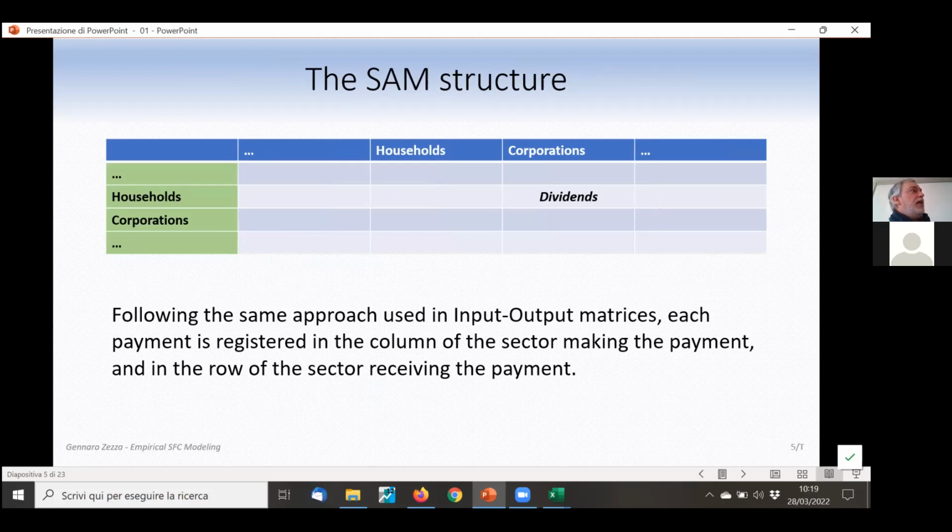This procedure takes the sum of the elements of all the columns and gets the percentage which can be attributed to each column of the total. And then it splits the row total according to this percentage and checks whether the numbers inside the cells match. If not, the procedure is repeated until convergence. I don't want to discuss the details right now, but basically there are some tools that allow you to estimate who is paying and who is receiving when you only know the total amount being paid and the total amount being received by each sector.